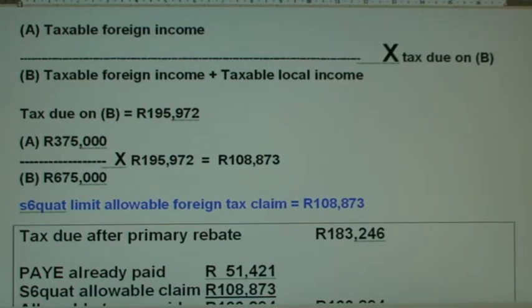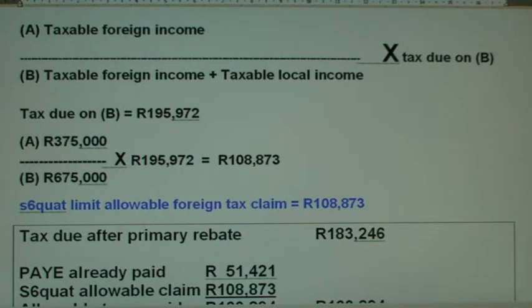According to the 2015 tax tables, the tax due on taxable foreign income plus taxable local income would be 195,972. Here is our formula here. Taxable foreign income is 375,000 and the taxable foreign plus taxable local income is 675,000.